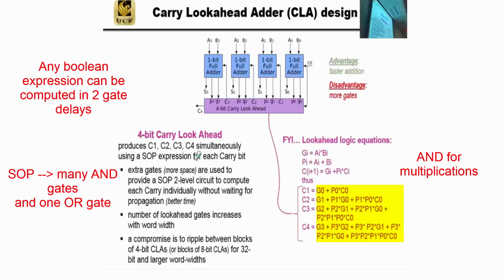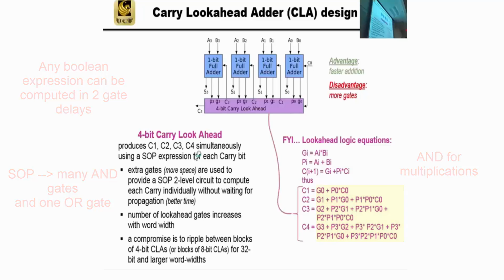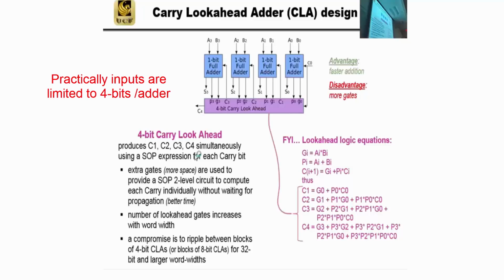But the problem is if you want to do it in 2 levels, some of these gates may have a lot of inputs. We don't usually have more than 4 inputs per gate. More than that, the capacitance is too large. The drive of the thing that feeds into that has too many losses, and it's just not practical. It's better to break it up.